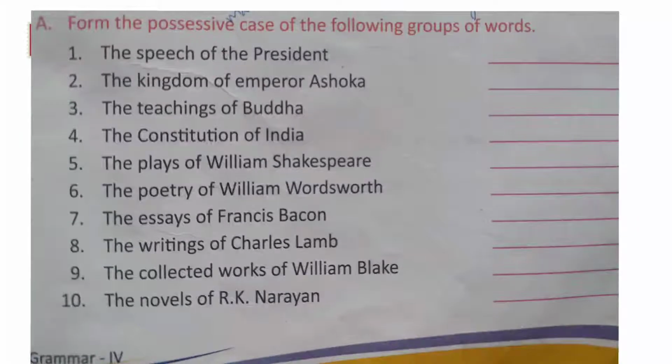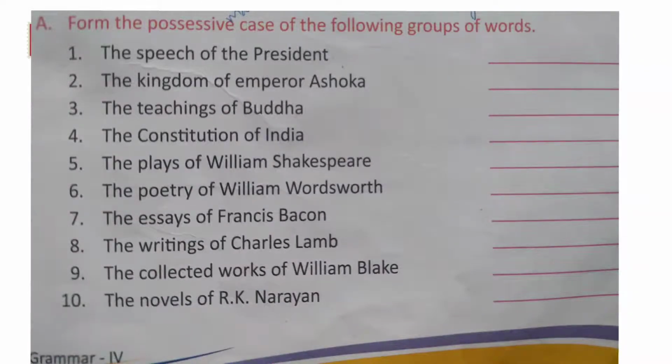You can see the belongingness, the ownership. Speech belongs to president, kingdom belongs to Ashoka, teaching belongs to Buddha, like this. The constitution of India. India is also not ended in s. So the answer will be India's constitution. We will add apostrophe s.